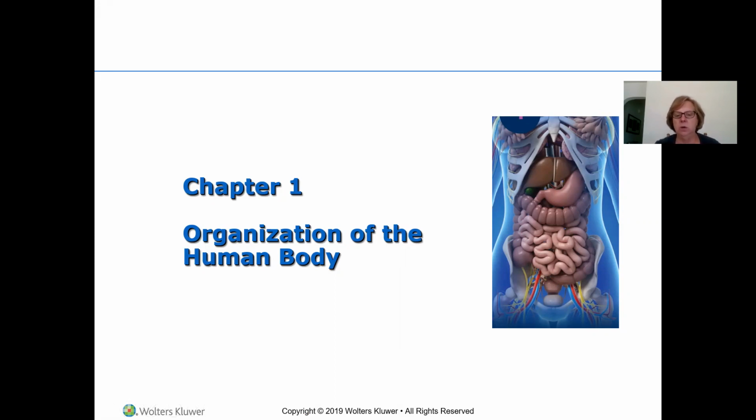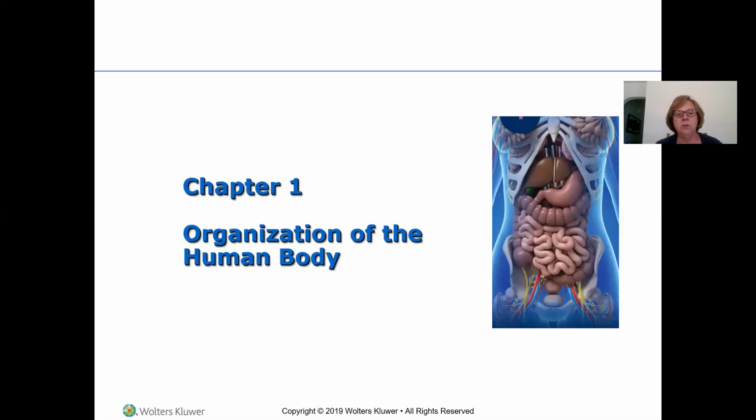We're going to go through and look at some terms for defining some terms that you need to know for anatomy and physiology, and then also look at some directional terms so that you can properly describe the location of a pain or an injury or any kind of circumstance that would require you to note where something is occurring.